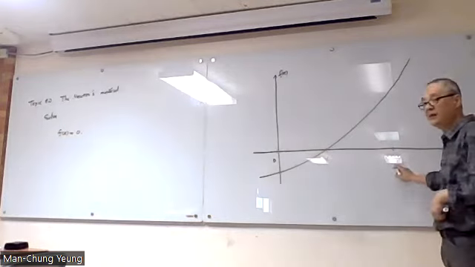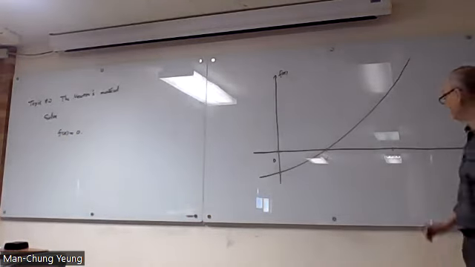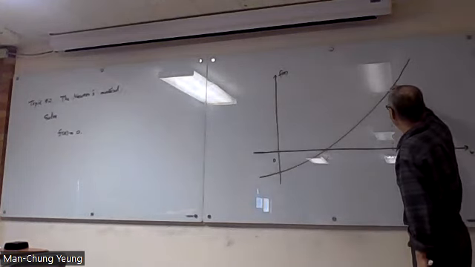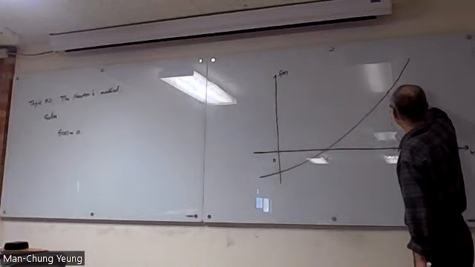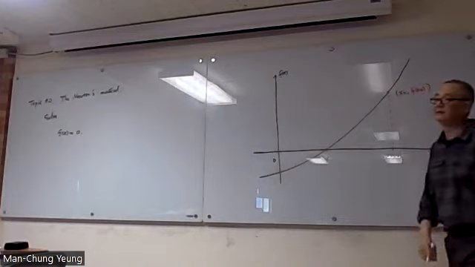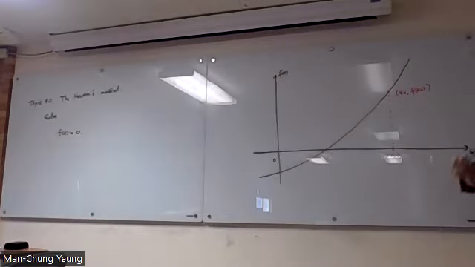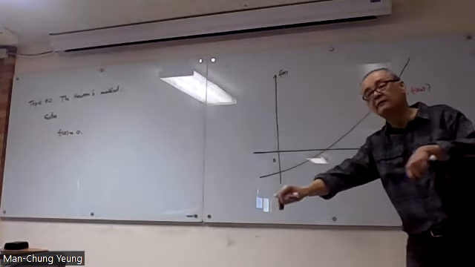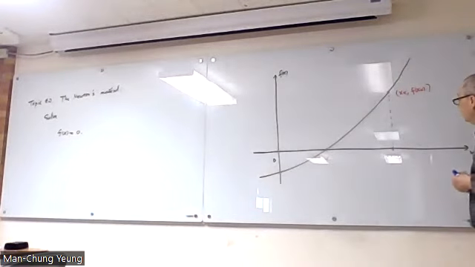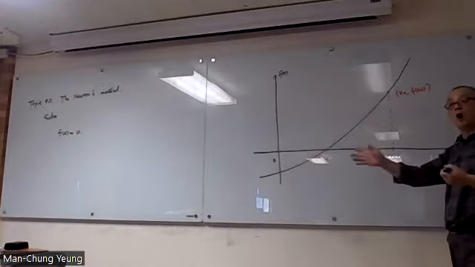Suppose that we have xk. Then on the curve, the corresponding point is xk, f(xk). Now, to get xk plus 1, at that point, draw a tangent line.